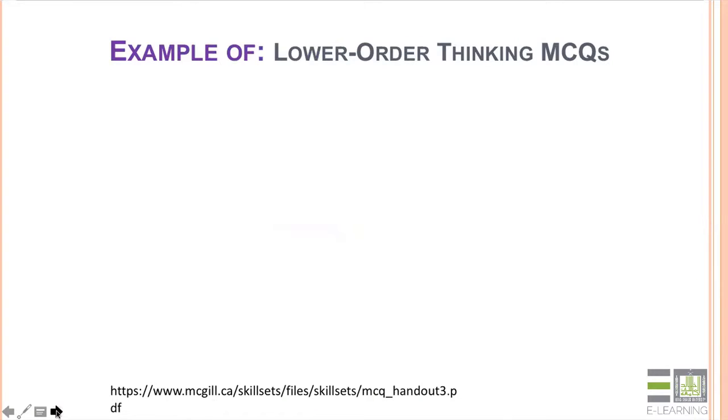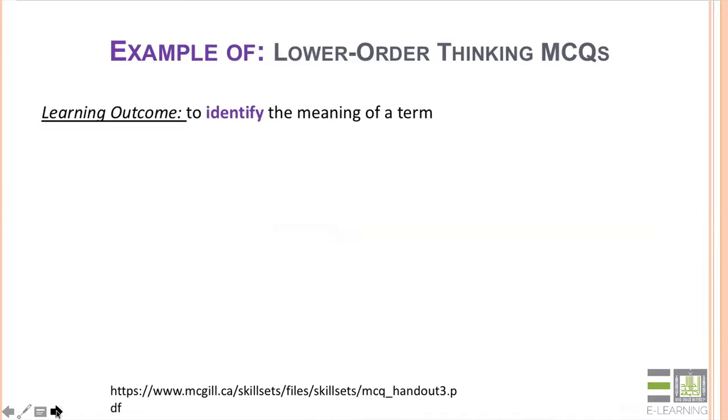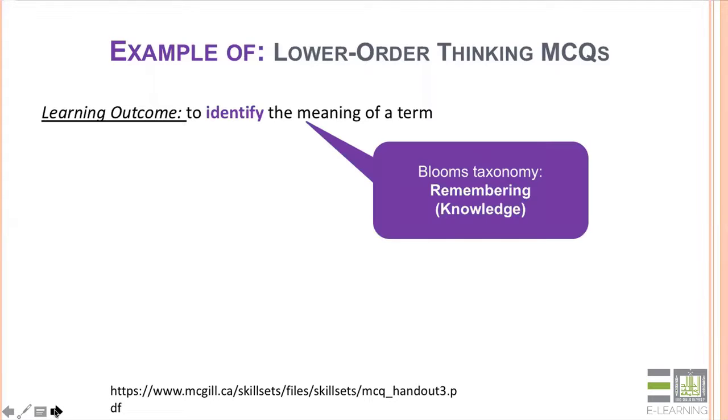I've got an example here where this learning objective requires students to be able to identify the meaning of a term. Based on this learning outcome, I could put together a multiple choice question which requires students to apply their knowledge, so recall a specific fact or information or basic concept.